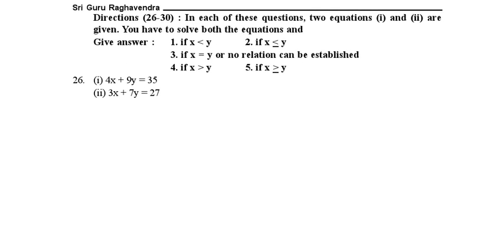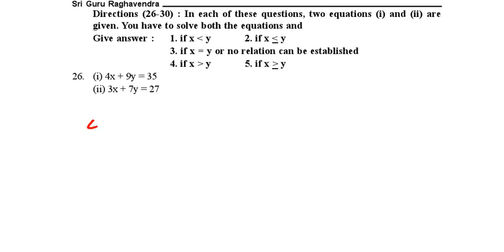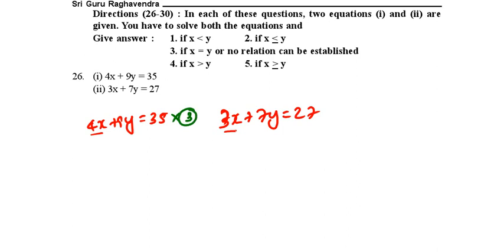Find the total number of females working in all three companies together. Females of all three companies: 800 plus 170 plus 486, that gives 1456 as the final answer. Option 5 is the final answer.